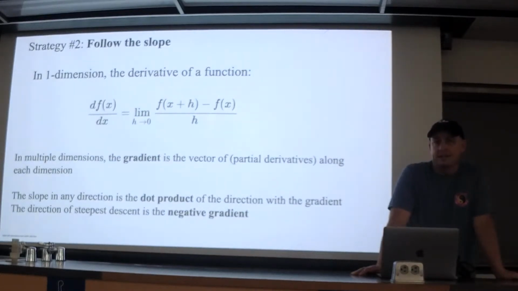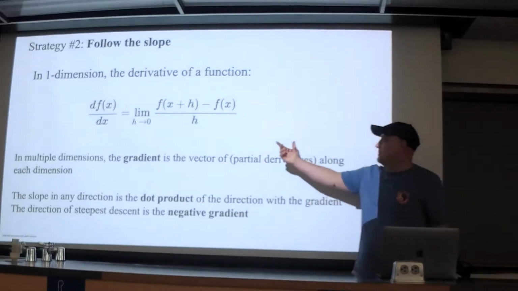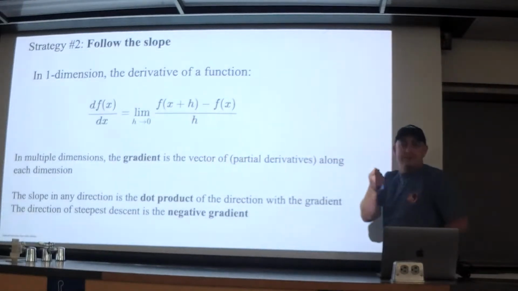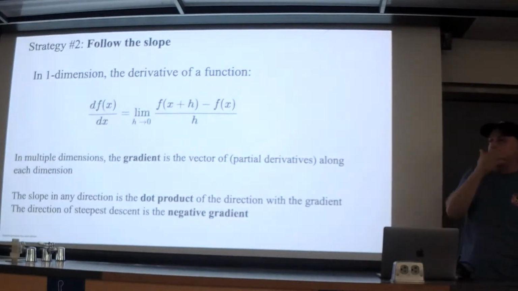Good. What line? The line between the two points. There are two points before you take the limit, but in the limit there's only one point, because that h is going to 0. So what's it telling you? Positive or negative. The slope's either positive or negative. Yeah. What line is it though? The tangent line, right?